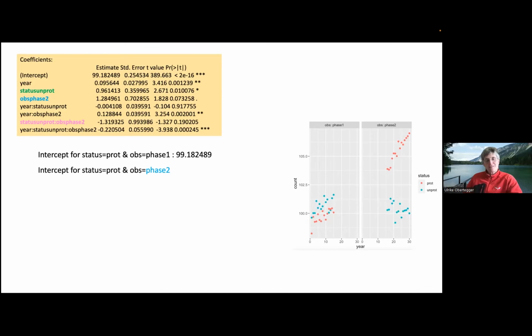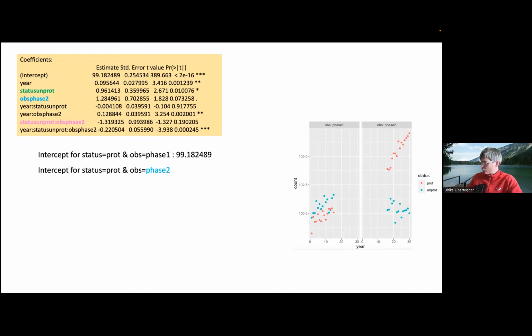With respect to the baseline, the thing that is different is this OBS, because we change from phase 1 to phase 2. So we go to our output, okay, intercept. And now we check, here's OBS phase 2. This 1.2 is the difference with respect to the intercept of the baseline.